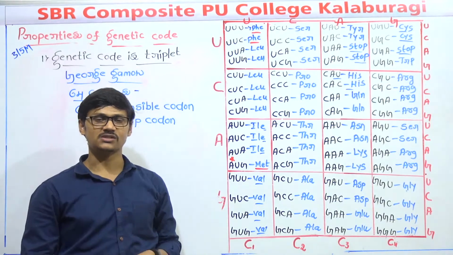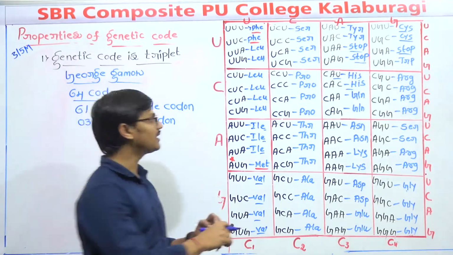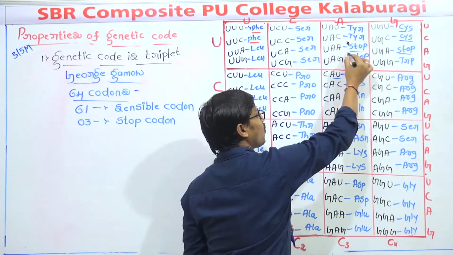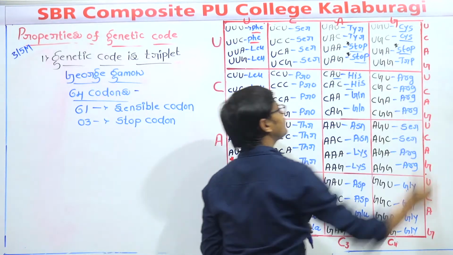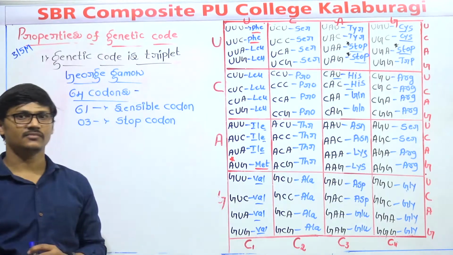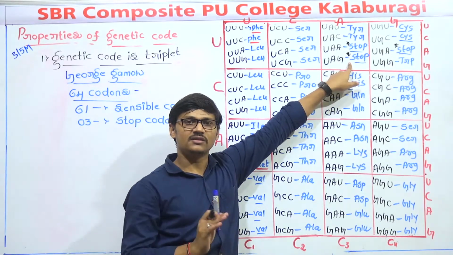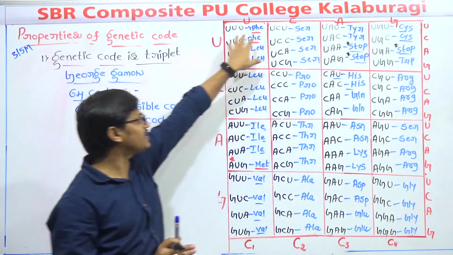Such codons which do not code for any amino acid, what are they called? They are called the stop codons. How many stop codons are there? 1, 2, 3. And what is the meaning of stop codon? They do not code for any amino acid, unlike other codons.